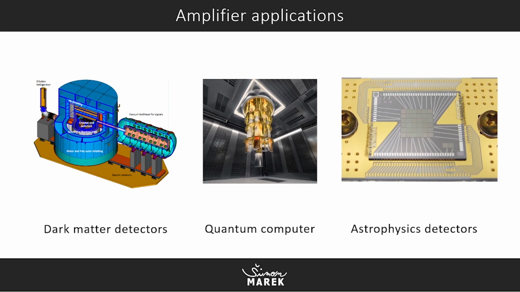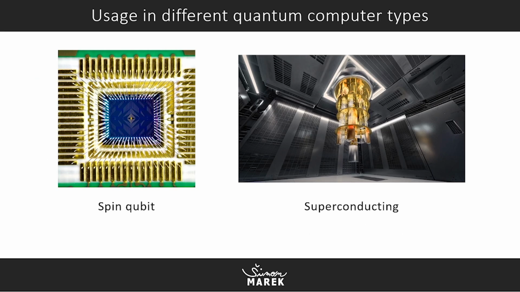Here are amplifier applications. Most common is quantum computer, but there are also applications in dark matter detectors and astrophysics detectors. So very interesting. There are different types which might need to use traveling wave parametric amplifiers.